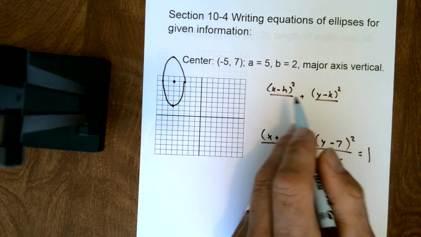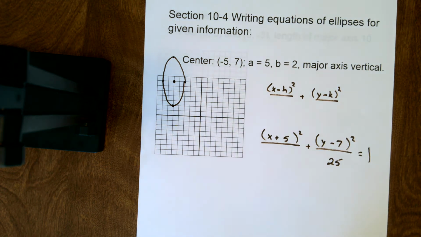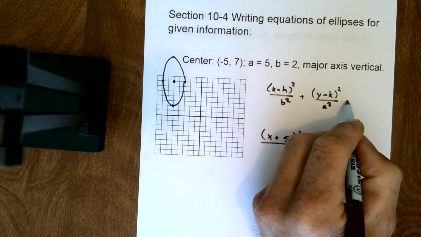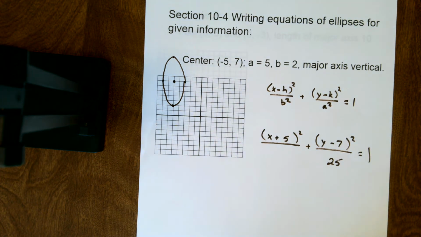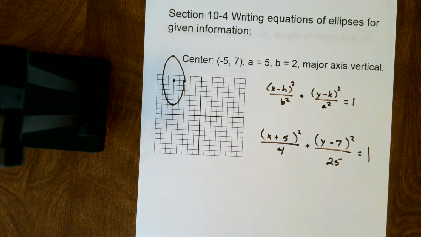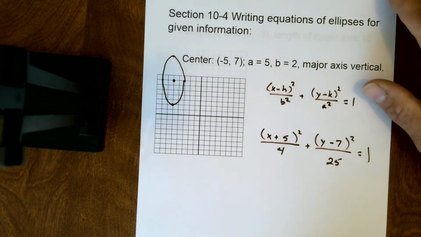This again could be a or b, but my a value always goes with the major axis. So in this case it would be a squared, and in this case b squared, equal to 1. Well, in that case, I know my b value is 2. 2 squared gives me 4. And that's going to give me my equation of this ellipse.